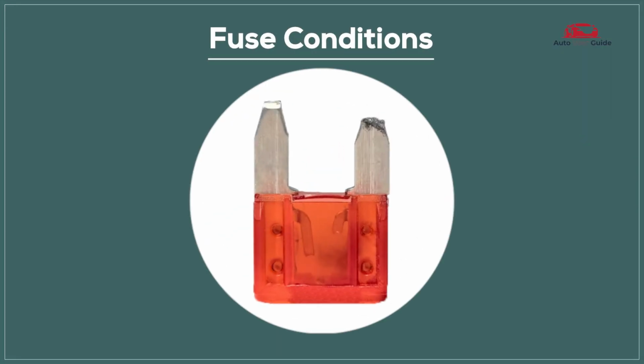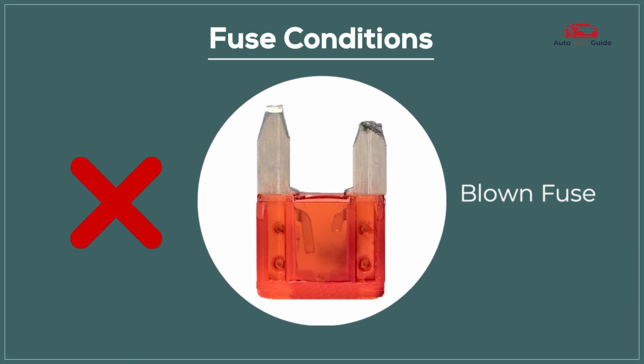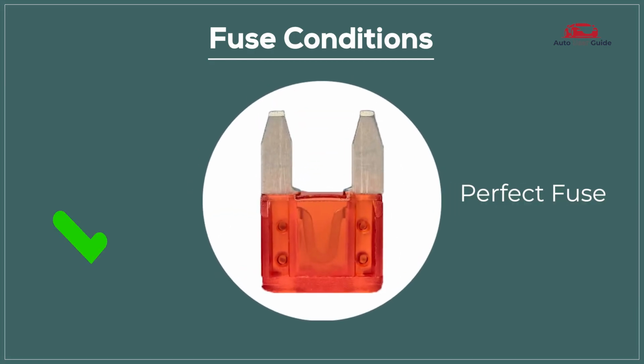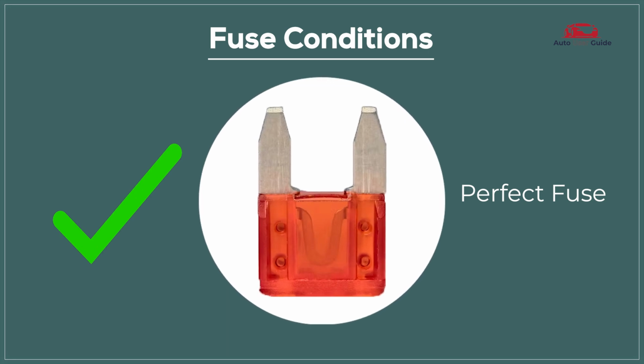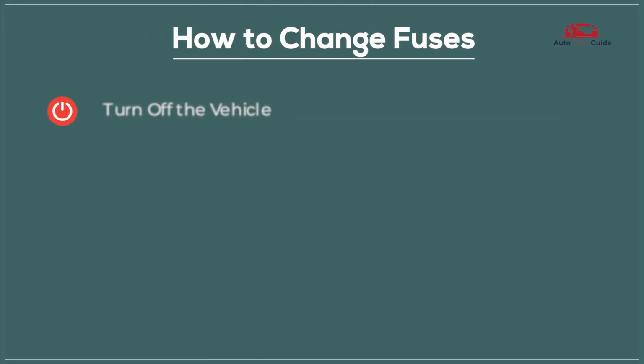Fuse conditions. Blown fuse. A blown fuse means it's no longer functioning and needs replacement, while a perfect fuse is in good working condition and performing as expected. How to change fuses.